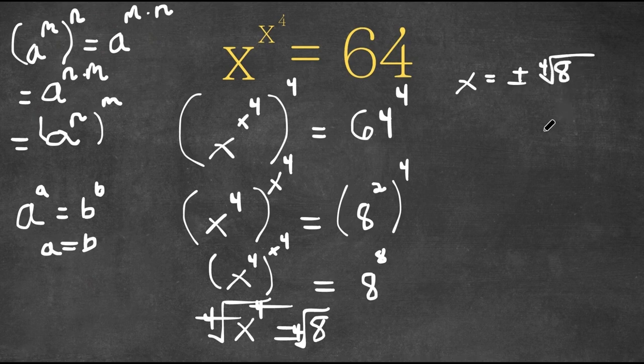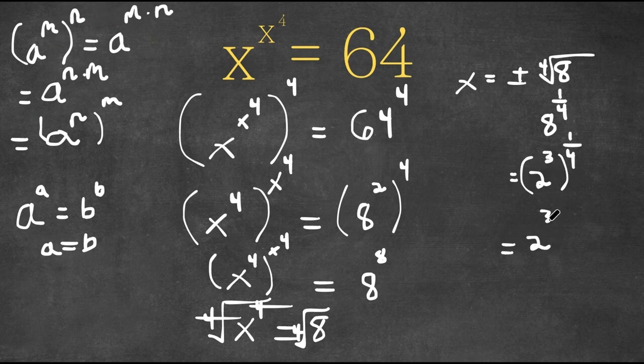This can also be written as 8 to the power of 1/4, which can also be written as 2 to the power of 3 to the power of 1/4. And remember, we multiply m with n, so this is equal to 2 to the power of 3/4. So this is our answer.